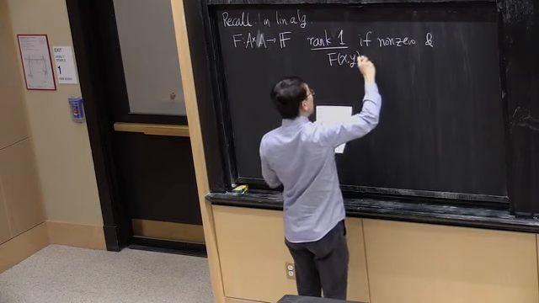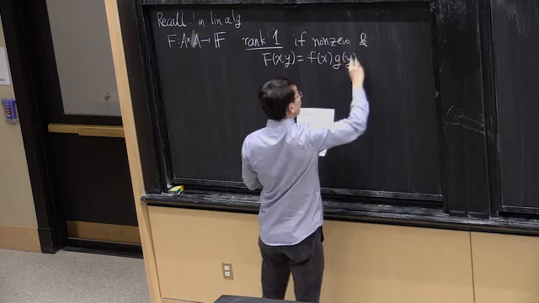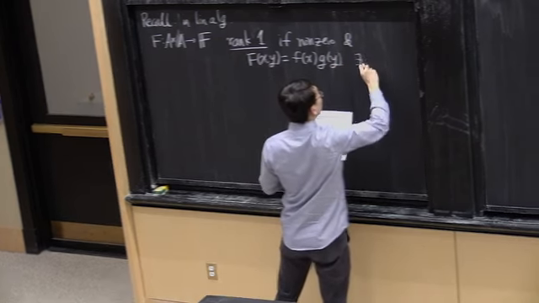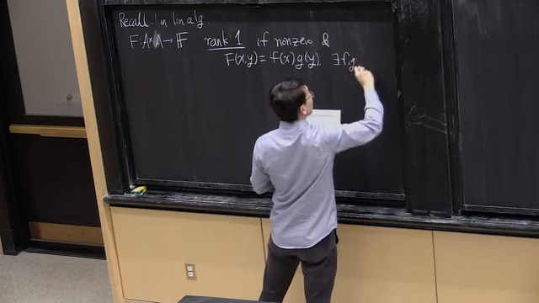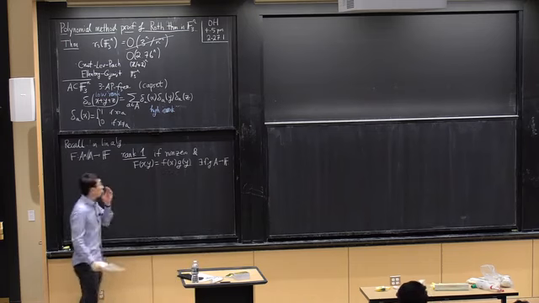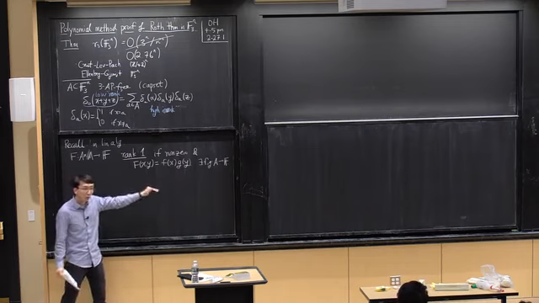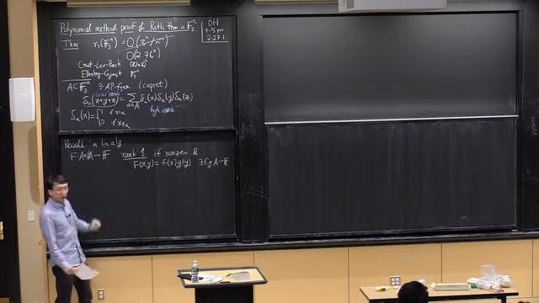F of x, y is f of x times g of y for some functions of one variable each. In matrix language, this is a column vector times a row vector. So that's the meaning of rank 1.